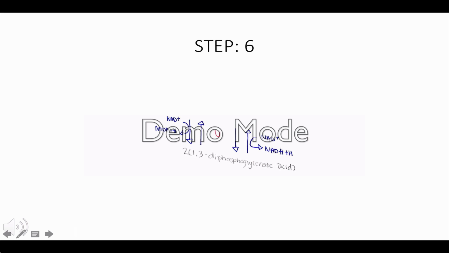Now in step 6, 1,3-bisphosphoglycerate is converted into 3-phosphoglycerate by the enzyme phosphoglycerate kinase. This reaction involves the loss of a phosphate group from the starting material. The phosphate is transferred to a molecule of ADP, yielding our first molecule of ATP.